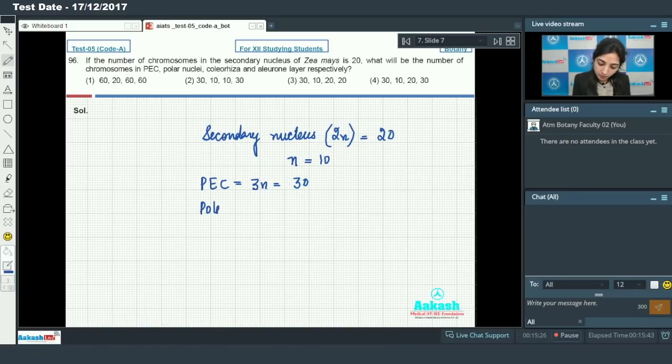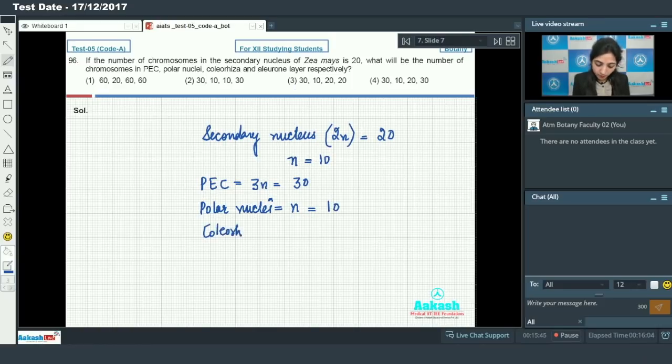Polar nuclei. Polar nuclei is haploid and two polar nuclei fuse to form the secondary nucleus. Polar nuclei are haploid, so the number of chromosomes will be 10.